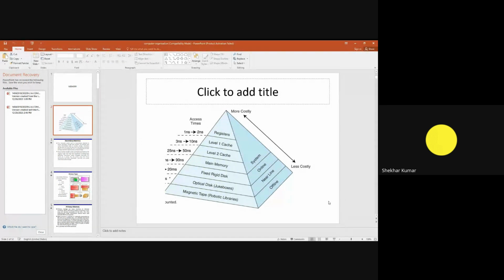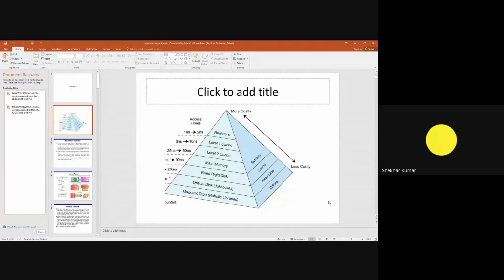We want that it will take minimum, optimum time to read the instructions, to read the data from memory and to write any data in the memory. So memory hierarchy is the enhancement to organize the memory. The goal of this hierarchy is to minimize the access time.